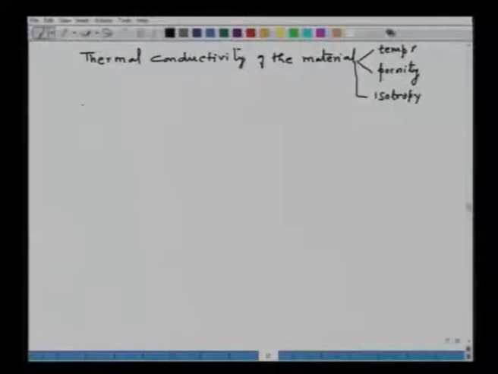So, in isotropic media, K is the same in all directions.